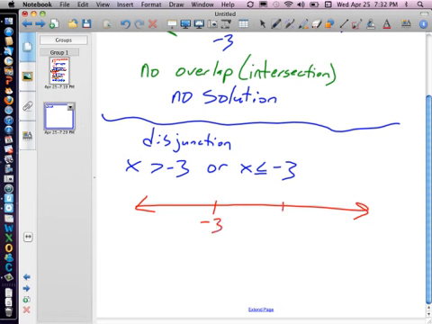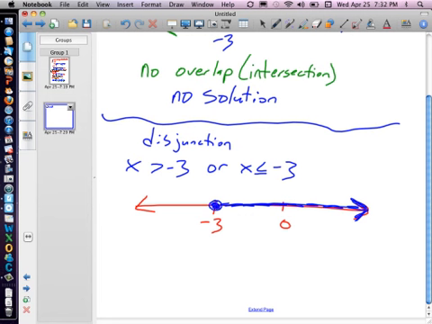We have negative 3. I'll put a 0 in there somewhere. So in the OR statement, either one of these has to be true, or either one can be true. So x is greater than negative 3 is an open circle going this direction. Or x is less than or equal to negative 3.